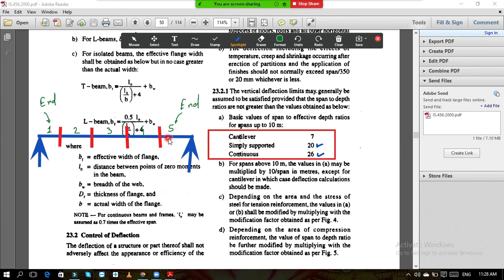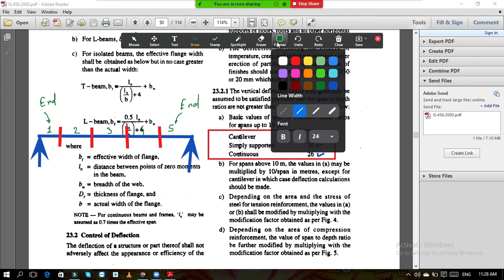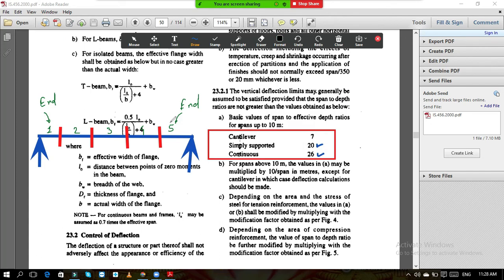So one side of this panel is continuous, and the right hand side is simply supported and not continuous. So I will write over here for your understanding: this side is continuous.